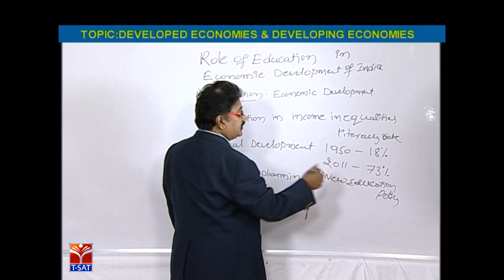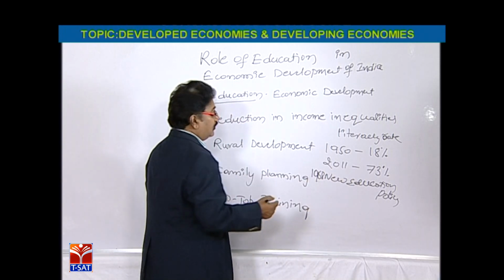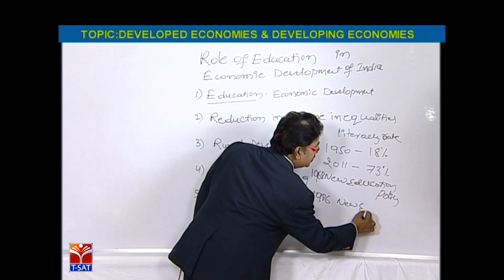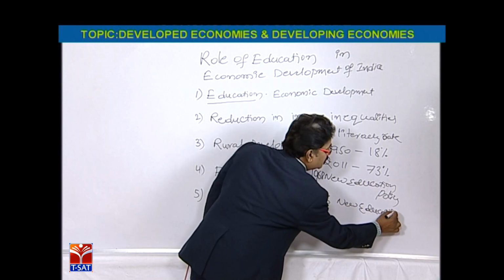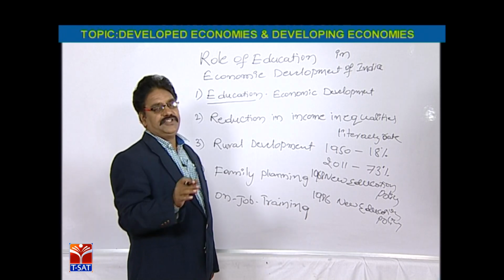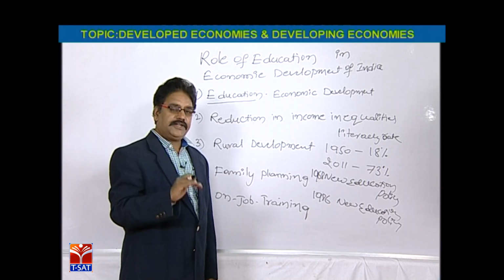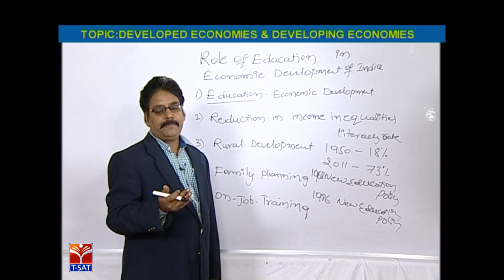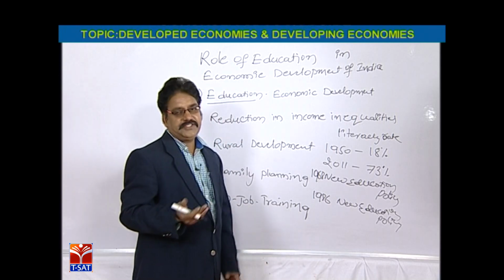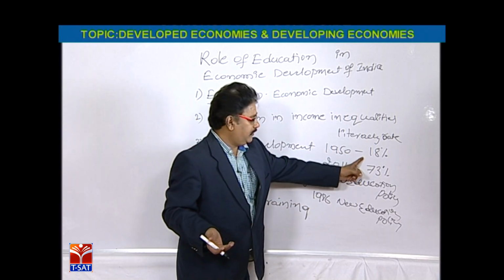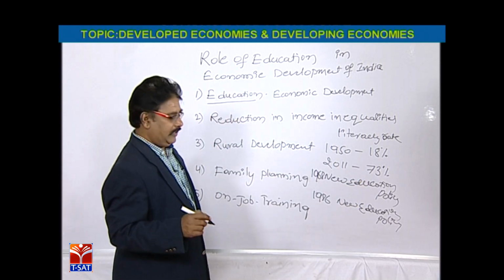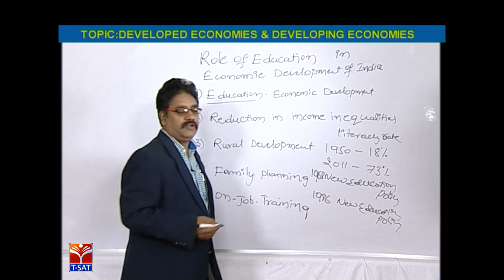After that, another new education policy was issued in 1986. Through these policies, they indicated the importance of education and concentrated on improving the literacy rate. We did not reach 100%, but from 18% to 73% is a considerable increase in our literacy rate with the help of these policies.